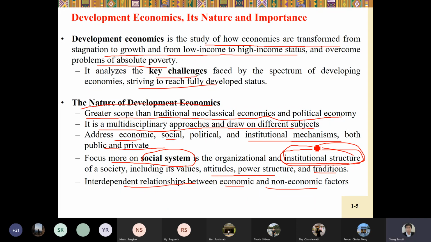If you happen to read the book by James Robinson and Acemoglu, they wrote a very good book, called The Wealth of Nations, and the book talks about the history of many countries.